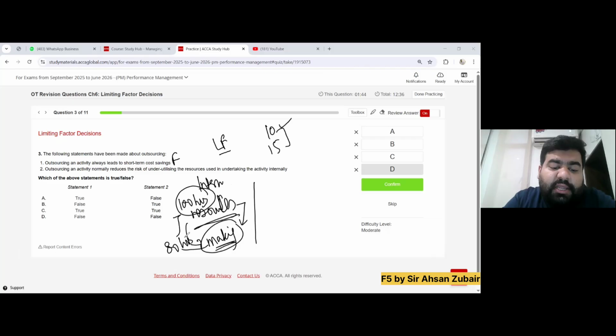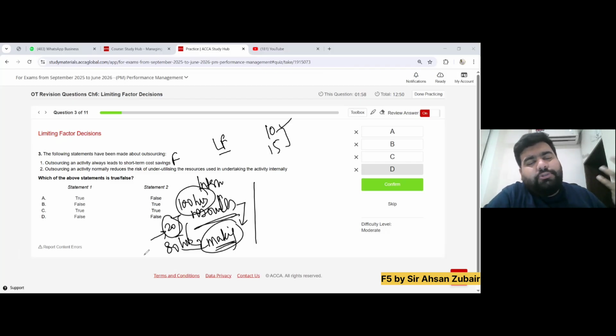So those 20 hours will be underutilized, because the product needs only 80 hours, not 100. If you have granted the labor a fixed salary, you have to pay them. So there is a risk that you are underutilizing the labor if you are doing it internally.